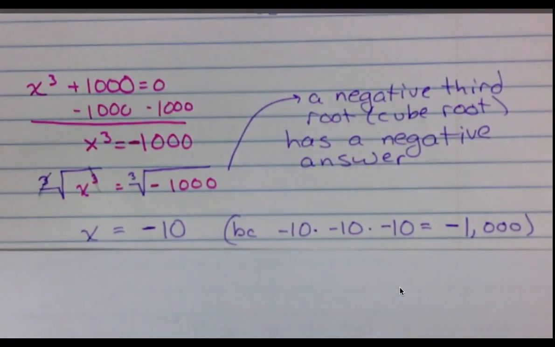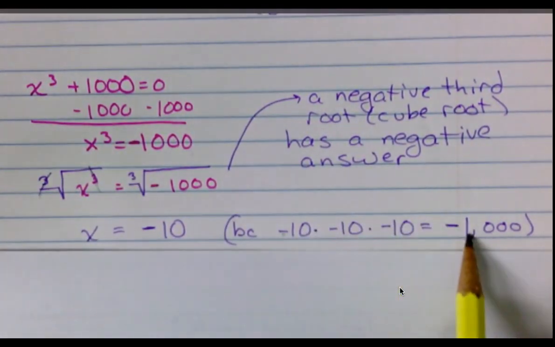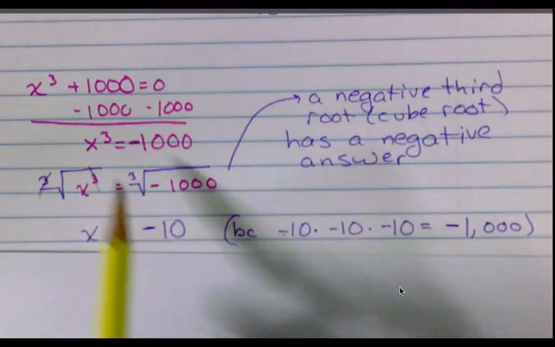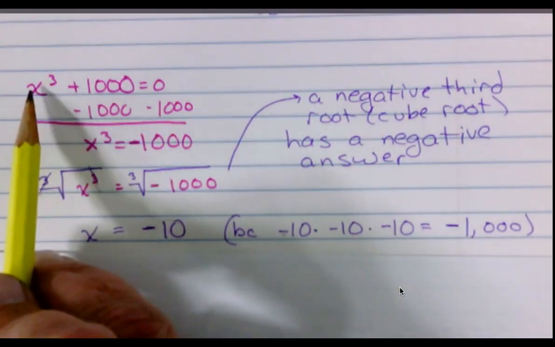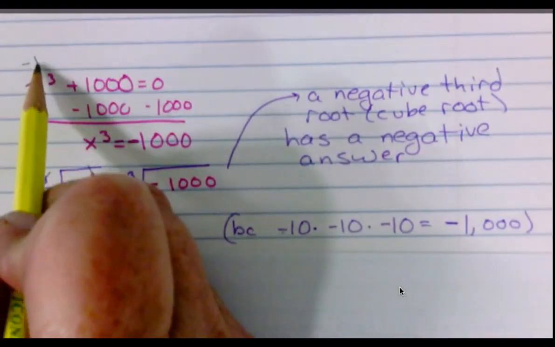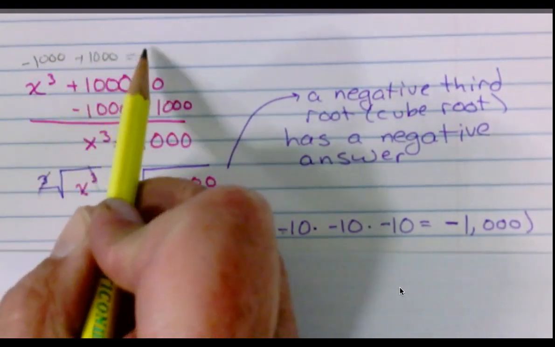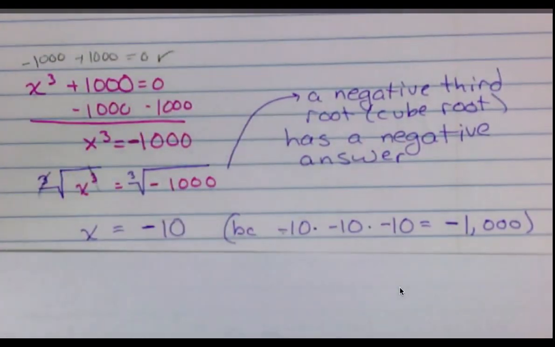Why is that? Because negative 10 times negative 10 times negative 10 equals negative 1,000. Okay, if you plug negative 10 back in here, you'd get negative 10 times negative 10 times negative 10. That's negative 1,000 plus 1,000 equals 0. We got it.